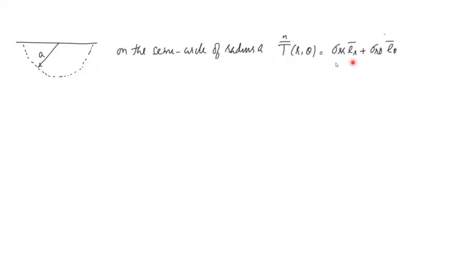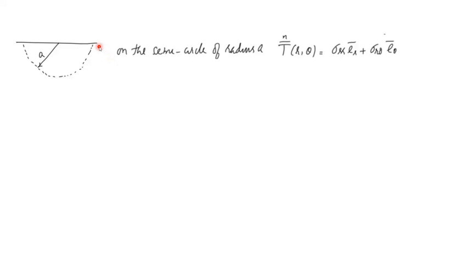Now let us look at a small semicircular portion of the domain as shown here, having a radius a. This I have explained in my very first lecture on experimental stress analysis, in the context of a beam with a concentrated load. So there will be a distribution of traction on this semicircular surface. The traction can be expressed as shown here.